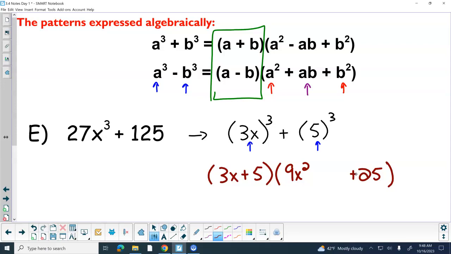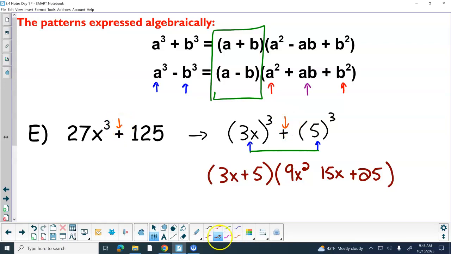Then I take those two and I multiply them together. 3x times 5, 15x. Since this was plus here and here, what's going to go in this gap?